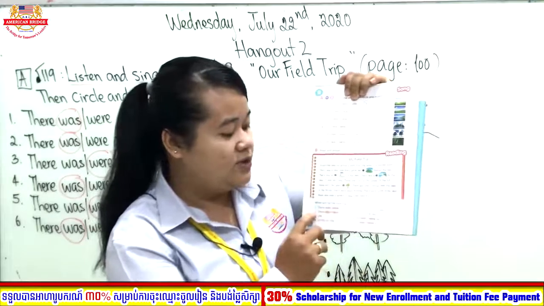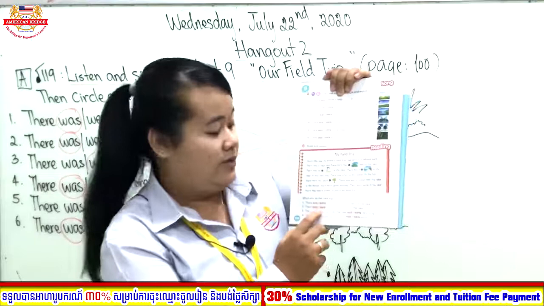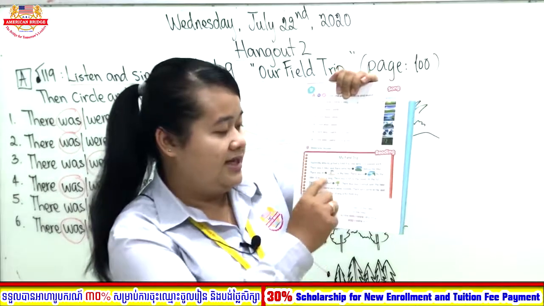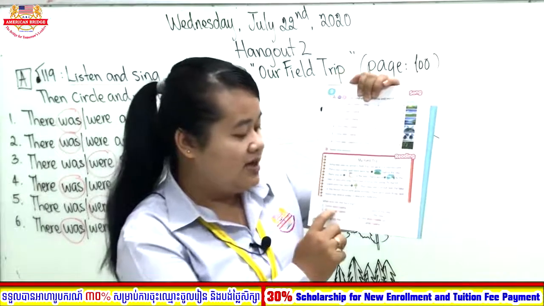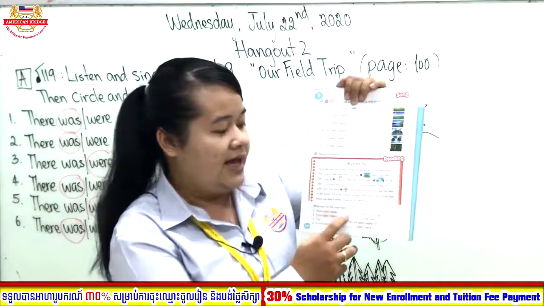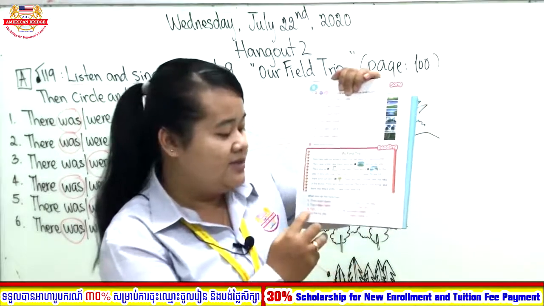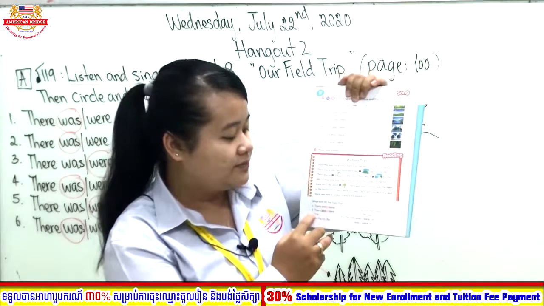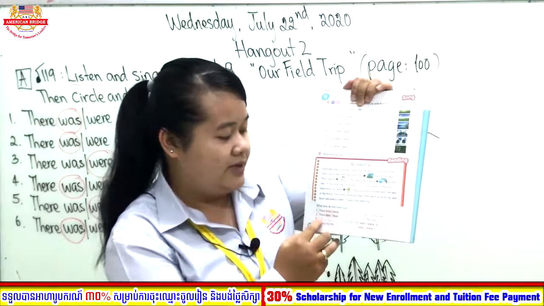Okay, so now let's move to number 2. There was or there were. Great. So this one you can see in here, right? The picture that they put in picture number 2. So you can circle there was an island in the lake, right? Okay, so now let's move to number 3. The what, everyone? Very good.